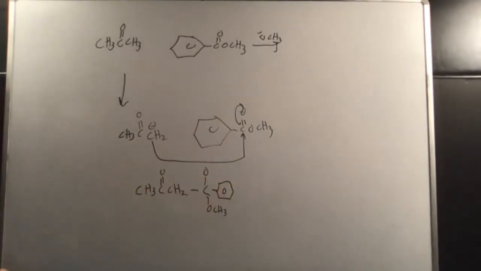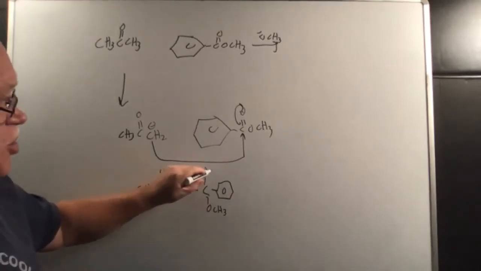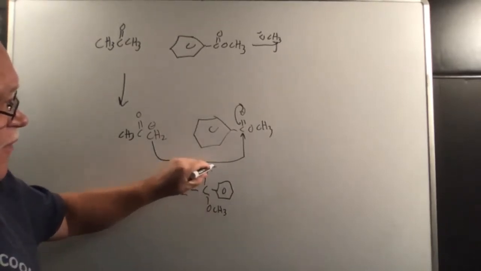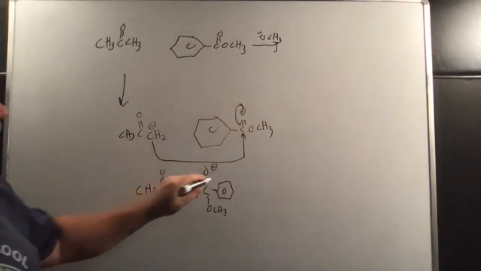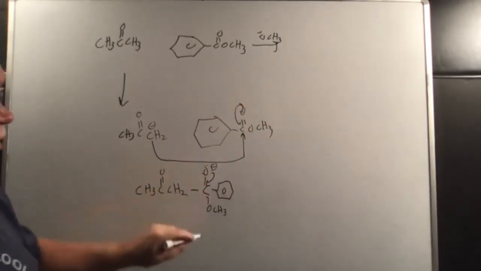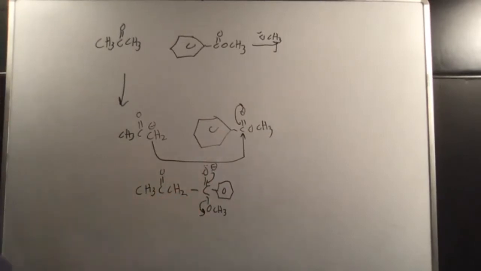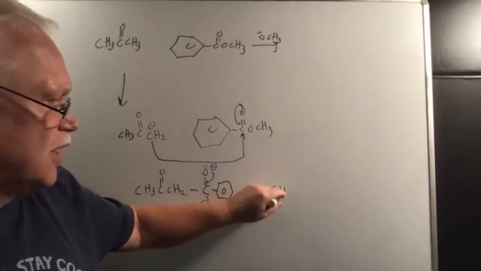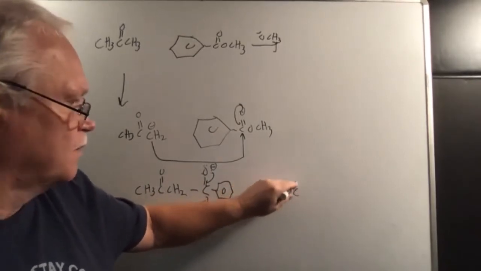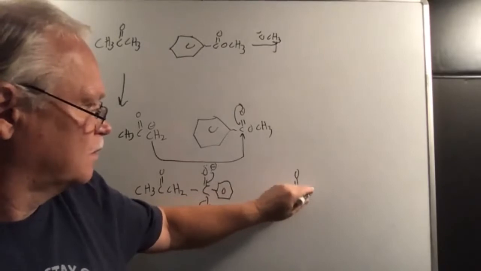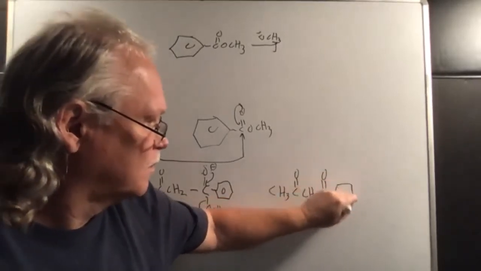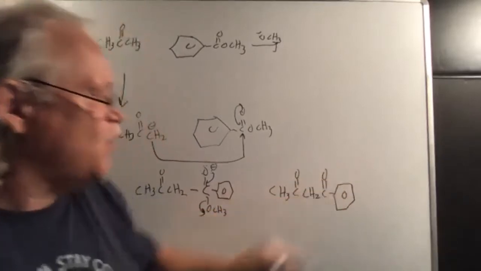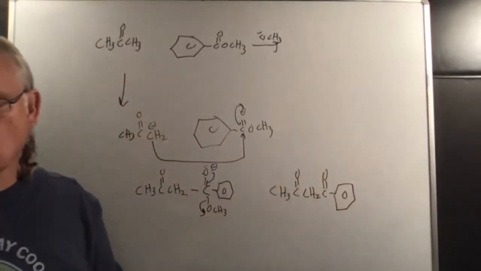Now, the reason I wrote it that way, notice this oxygen again now is negative because the pair of electrons came up. When the pair of electrons comes down, kicking off the OCH3 group, notice what the product looks like. Notice the class of compounds.